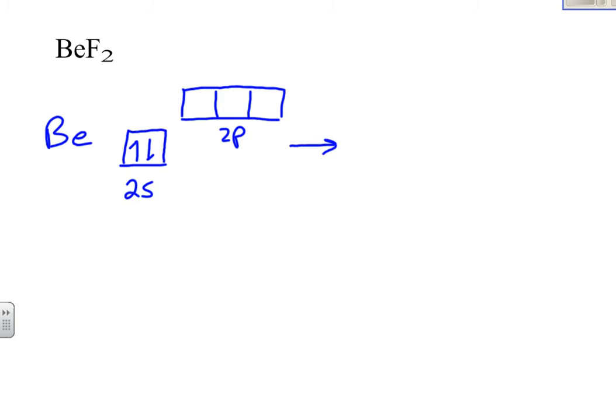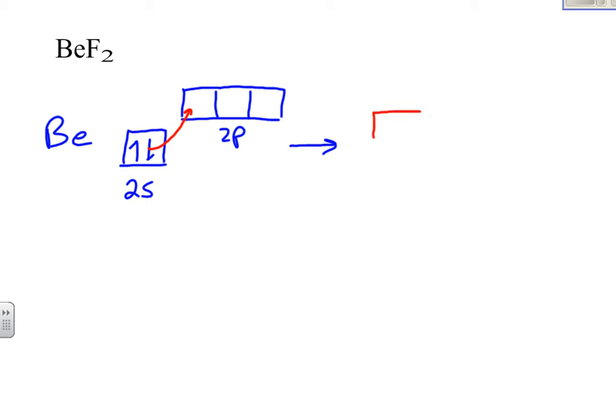All right, so let me go back over to here now. And I'll draw these new orbitals in red. But basically what's going to happen is we're going to promote this electron up. So we're going to add some energy to make that go up there. And then we're going to bring these orbitals down to the same level.